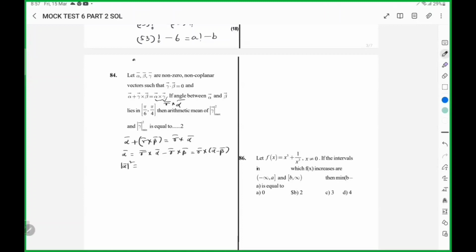Mod of alpha square is, so here it is, gamma bar cross alpha minus beta. So this is one equation for us.